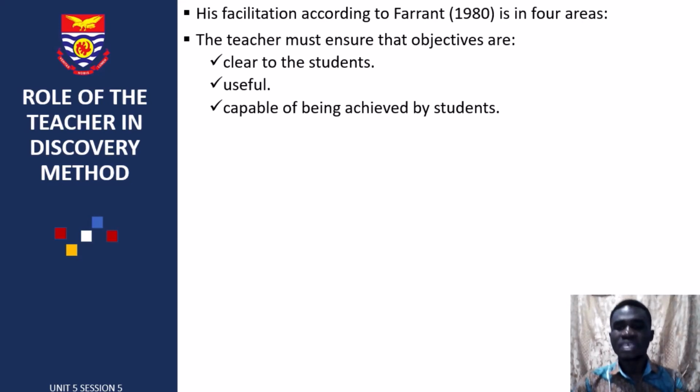Your objectives are useful and capable of being achieved by students. Don't set unrealistic objectives for your learners. Your objectives must be SMART. They must be specific. They should be measurable. They should be achievable, realistic, and time-bound. This should be the kind of objective that you set anytime you are using the discovery method of learning.